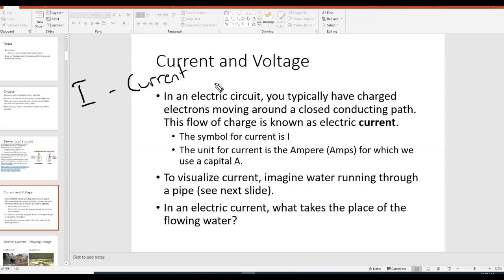Now the unit for current, you might have heard people talking about amps. Amps is short for ampere. Ampere was a French scientist who lived hundreds of years ago that we named the unit for current after, just like we name the unit for force, the Newton, after Isaac Newton. Because it's named after a person, we use a capital A for ampere.